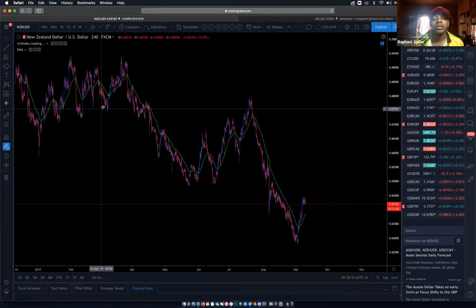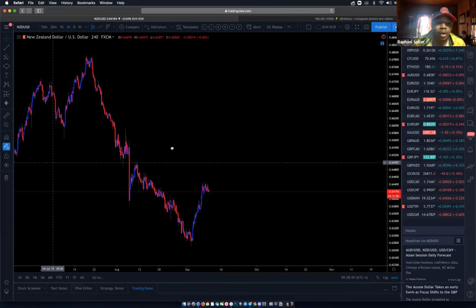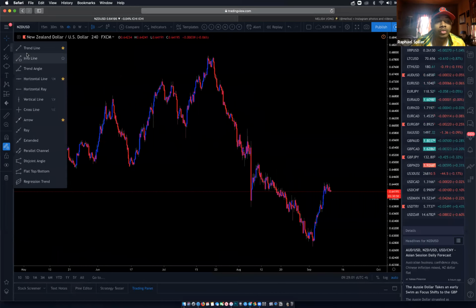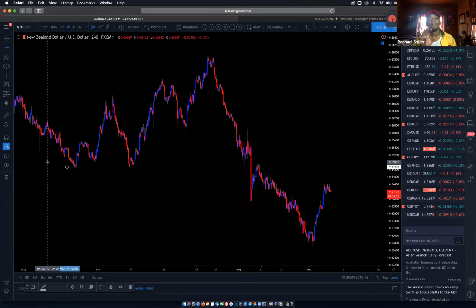A valid support and resistance level is a trend line or a zone. Two or more touches is a valid trend line. Three or more touches is a confirmed trend line. Four or more touches is a breakout.